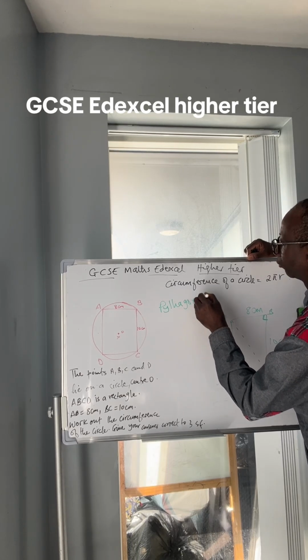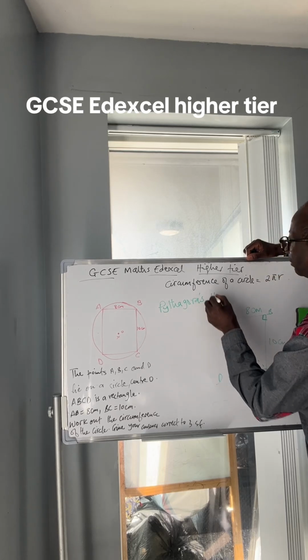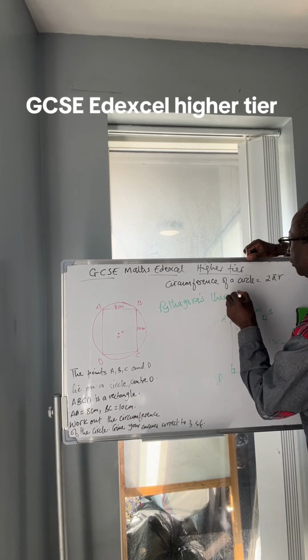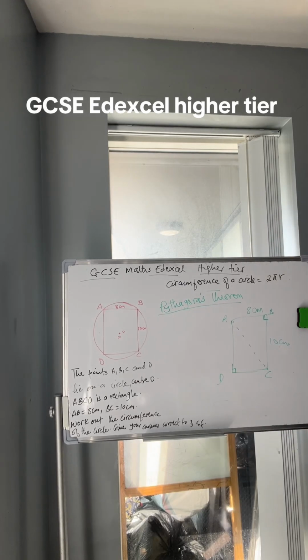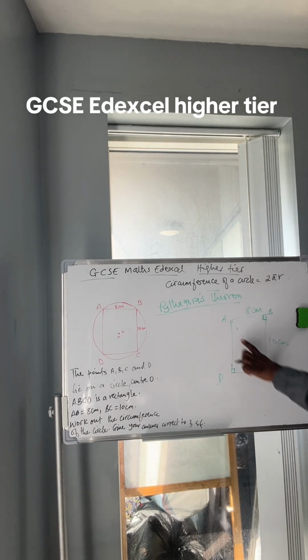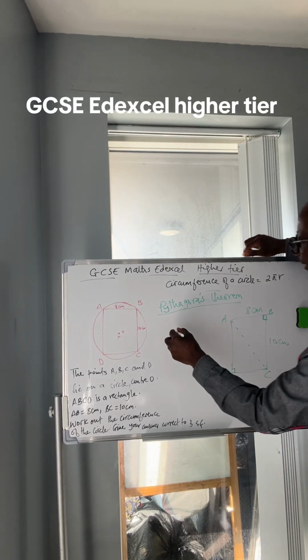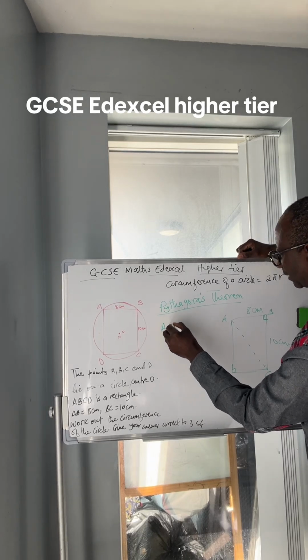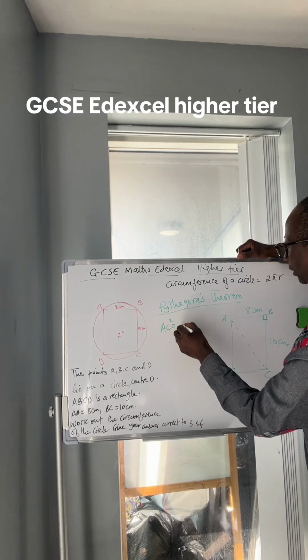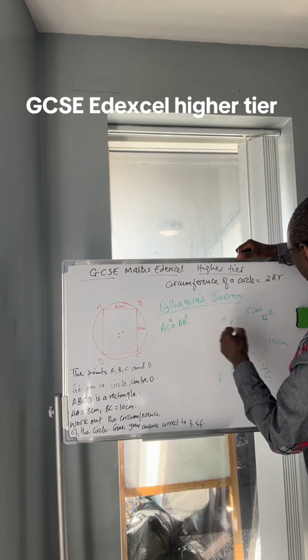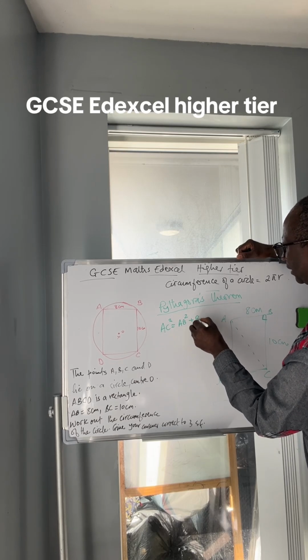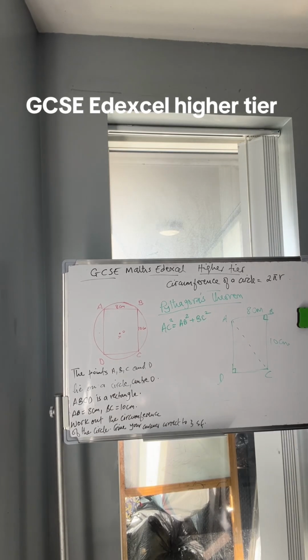Pythagoras theorem. You must be familiar with it. If you have a right angle triangle like this, you want to find the value of this length, AC. The rule tells us that AC squared must be equal to AB squared plus BC squared.